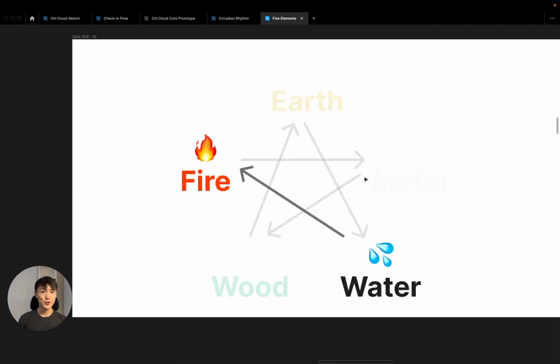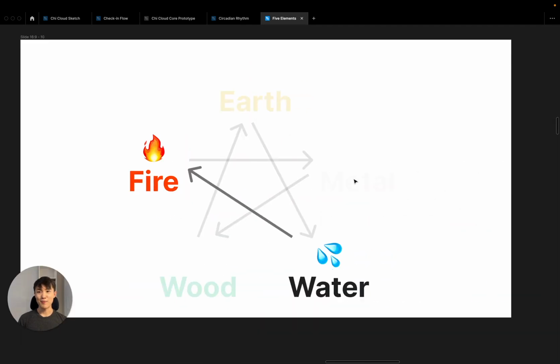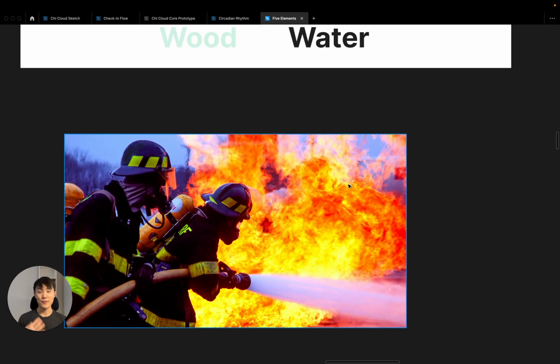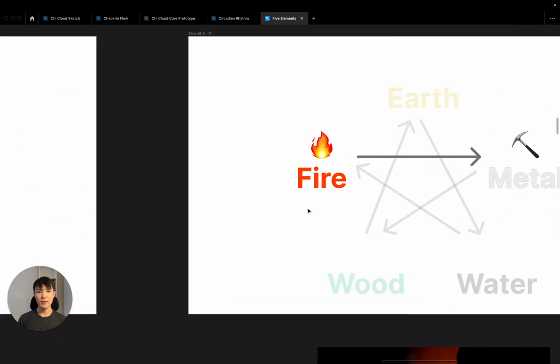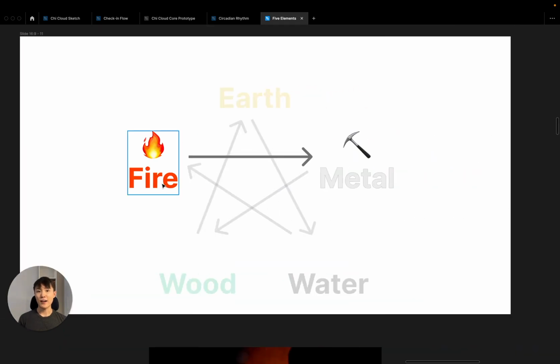Next, we have water controlling fire. If you think about a firefighter, when fire is out of control, they have to use water to control it. And so naturally, water controls fire. Next, we have fire controlling metal. Your first thought might be, oh, but fire can control wood, right?